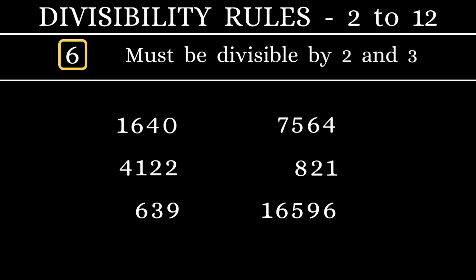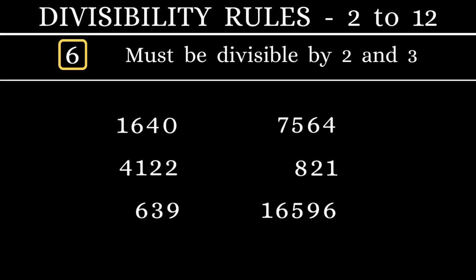Divisibility rule for number 6. The rule is we need to check the divisibility for numbers 2 and 3. Let us consider all these numbers. Out of these, the numbers which are divisible by both 2 and 3 will be divisible by number 6.